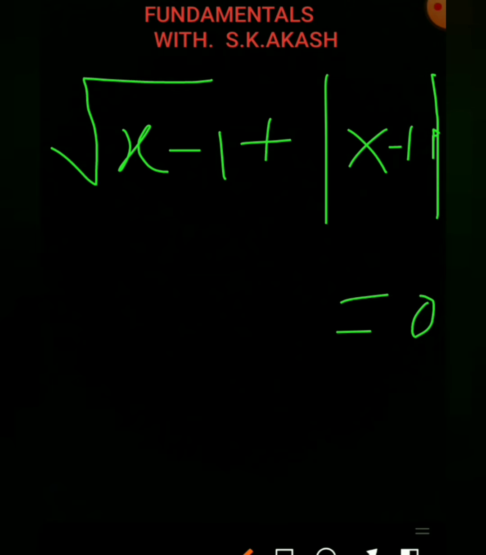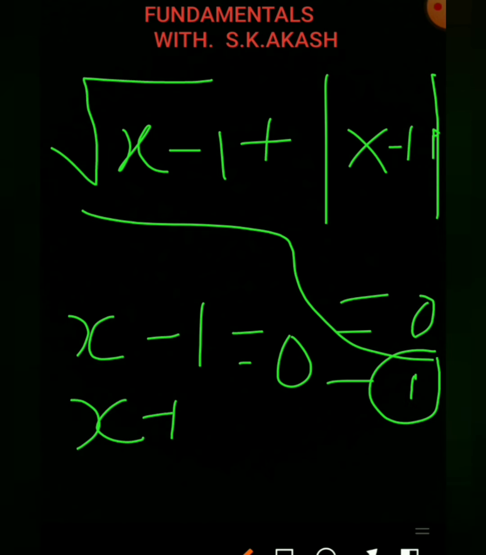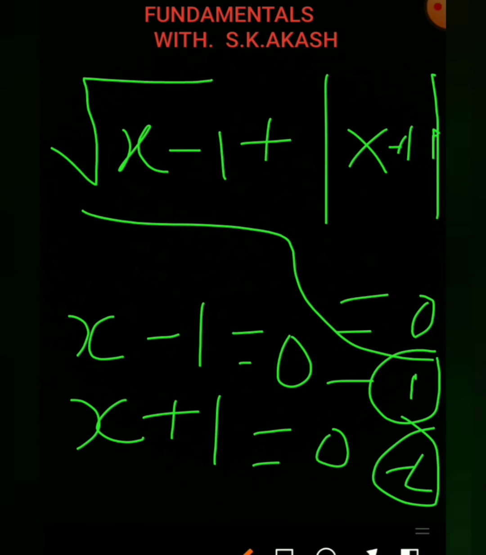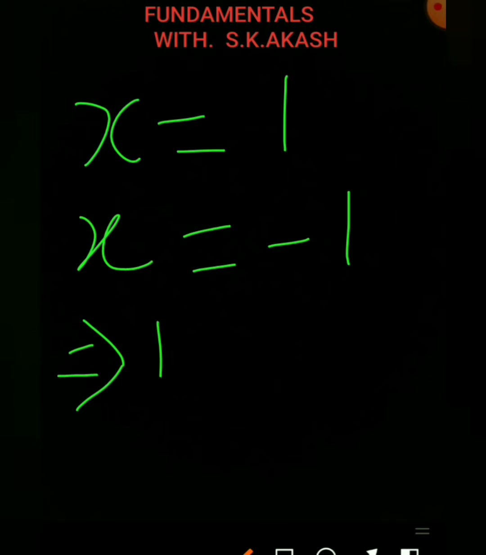So we can put x minus 1 equals 0, equation 1, and x plus 1 equals 0, equation 2. On solving this you will get x equals 1 and x equals minus 1. That is, you will get two solutions, 1 and minus 1.